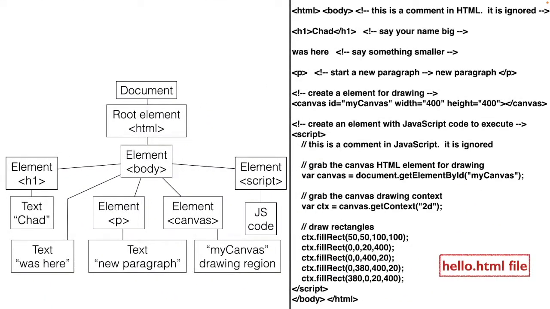Within the HTML file, if you view the source code, so if you open up a text editor and look at the HTML file itself, you'll see the code that's shown here. We're going to step through element by element and look at how it corresponds from the code to the document object model. The first thing is that any HTML page will start with an HTML tag, and this specifies the root element of the DOM tree.